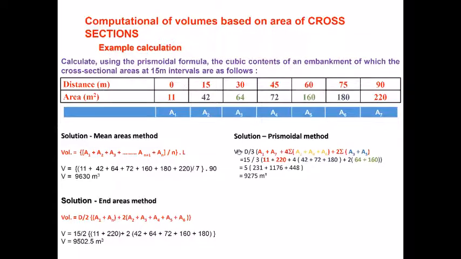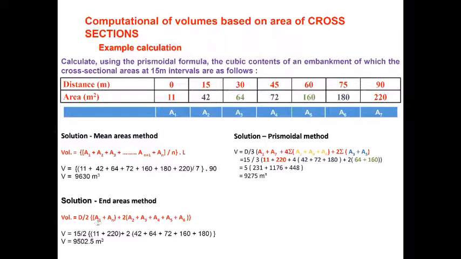In this case d becomes 0, 15, 30, so that means a difference of 15, so d becomes 15. Whereas in this equation we don't use d, we use the length. The total length is 90, so we have 90 over here. And in the end areas method, for this equation we have d by 2, so d is 15.